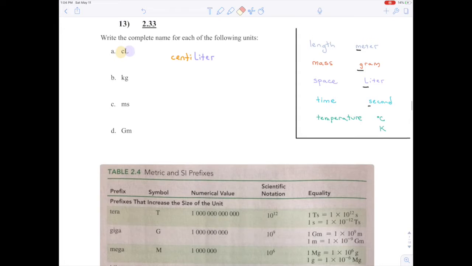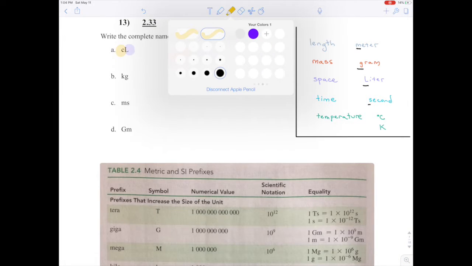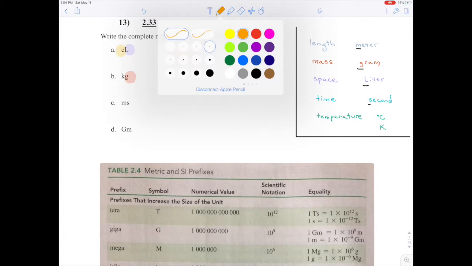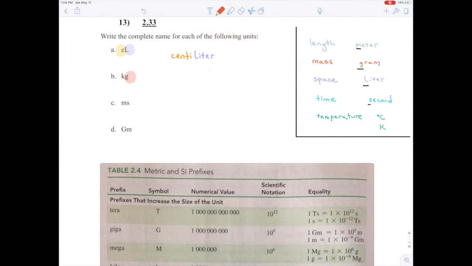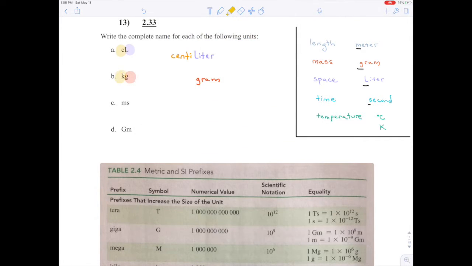Okay. Next, we'll look at the second letter first, and here you see that it is a G. G is the unit for mass. It's standing for gram. The prefix letter is a lowercase k.